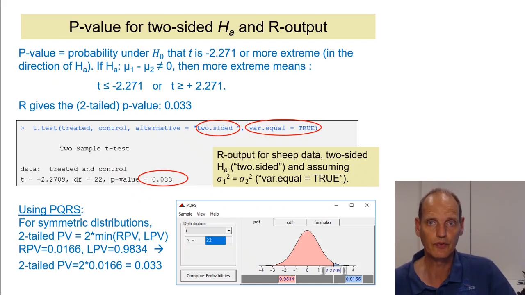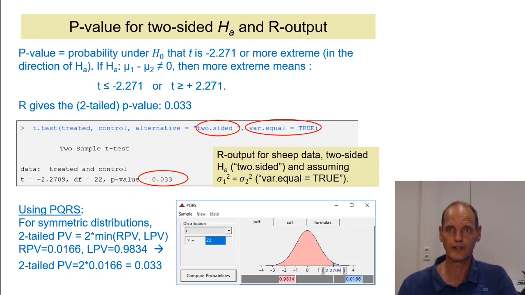Then the p-value for a two-sided alternative hypothesis. Well, the p-value is the probability under the null hypothesis that t is minus 2.27 or more extreme in the direction of the alternative. If we now have a two-sided alternative, then more extreme means either smaller than minus 2.27 or larger than plus 2.27.